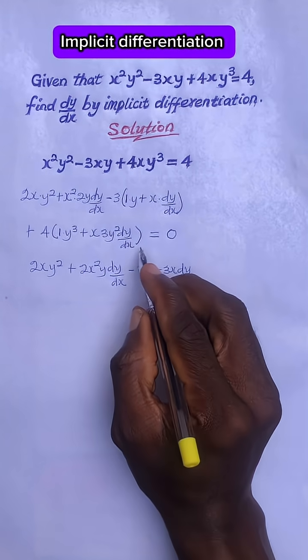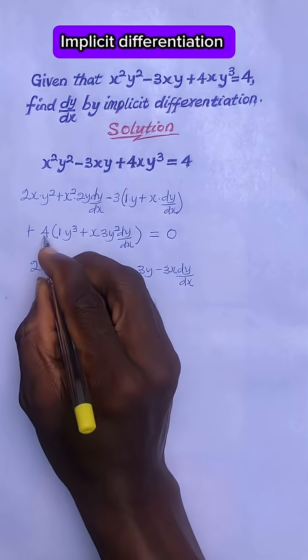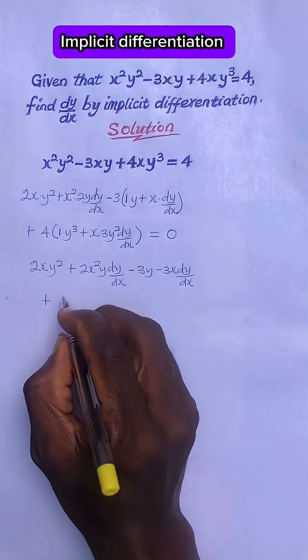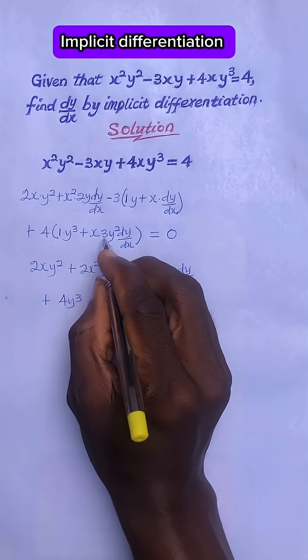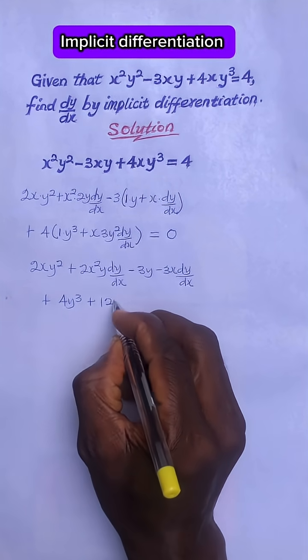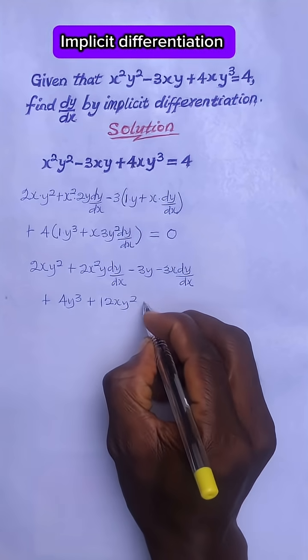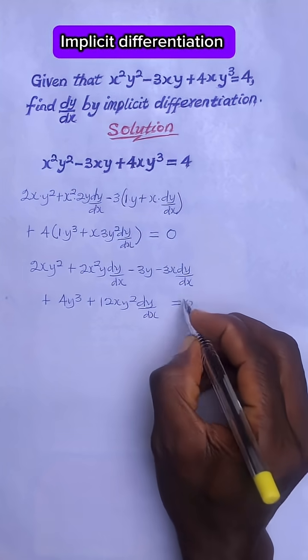Then the same thing here, we are also going to expand the bracket, plus we have 4y cubed plus 4 times 3 is 12, so we have 12xy squared dy/dx equal to 0.